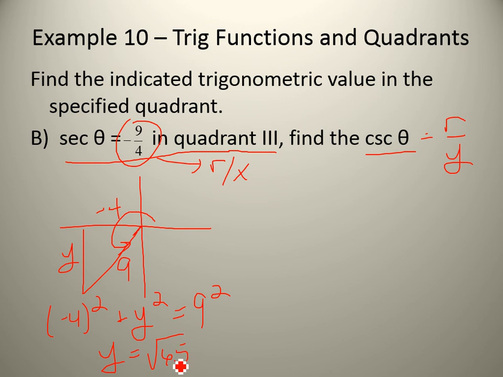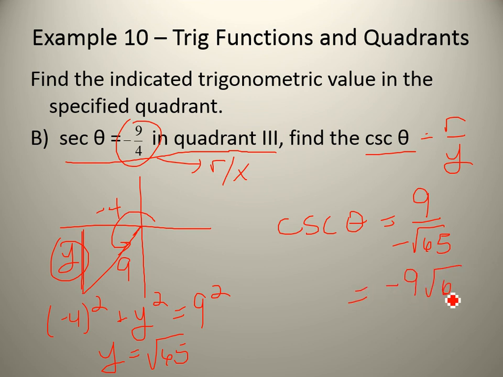So now when I go to do the cosecant here, I'm going to take the radius over the y coordinate, but just remember with the y coordinate here, because I'm in quadrant 3, that's going to make this negative square root of 65. Remember, the y coordinate is negative in quadrant 3. So when I rationalize the denominator here, this is going to be -9 root 65 over 65. And that's the answer to the last example there.